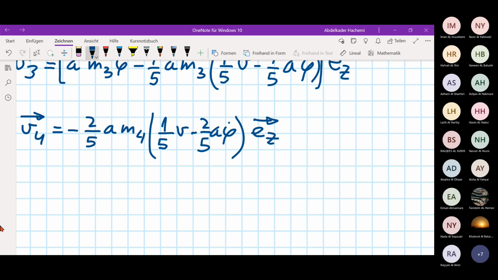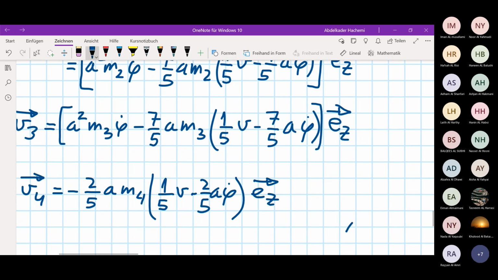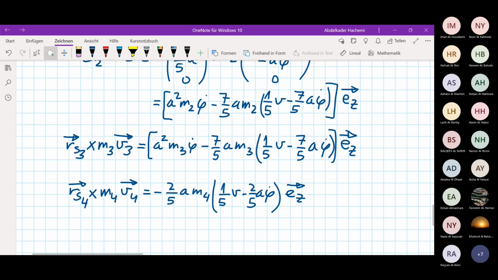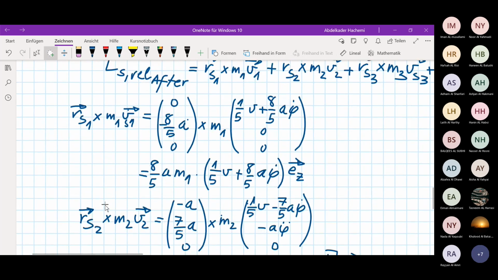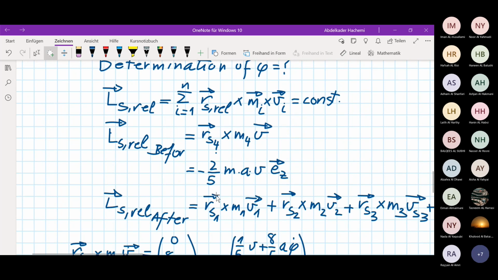Then if we develop further, we have all expressions here, the four terms of the momentum of momentum after the impact, and we have the expression before the impact.